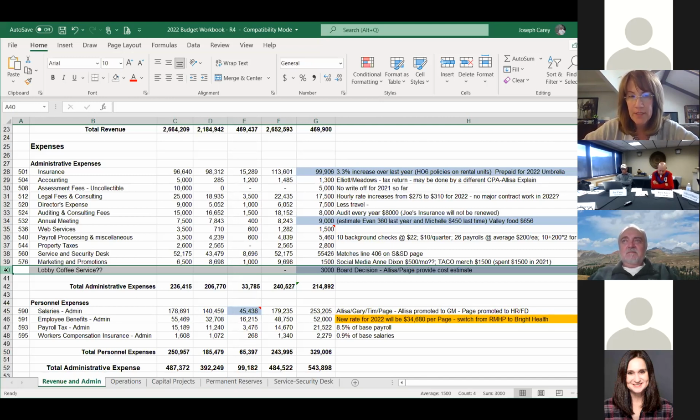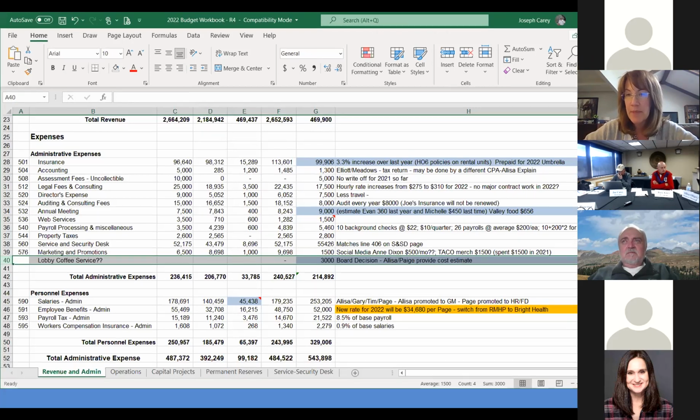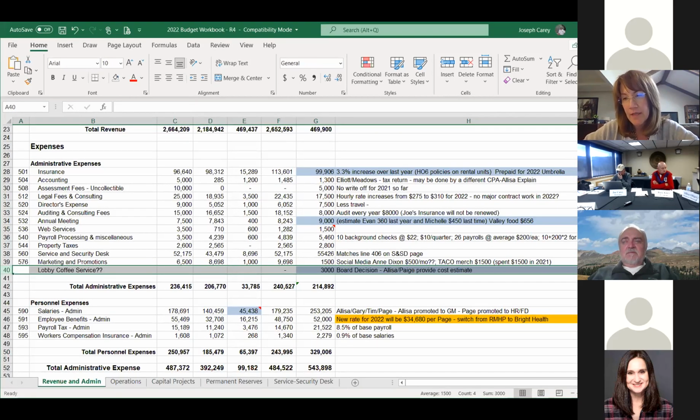I compare this to the bus service. If we're going to offer the bus service that's costing $5,000 to service 15 people, it sounds like more people are enjoying the coffee than 15 servings a day, and it would be a nominal cost.